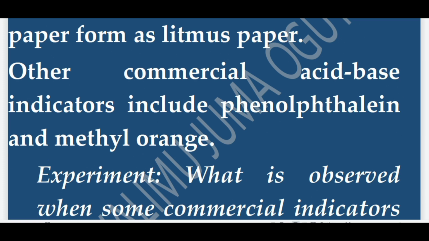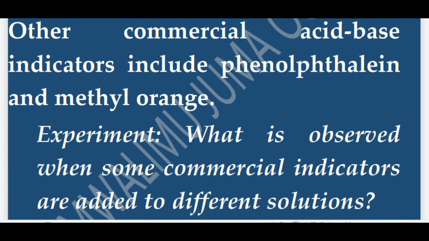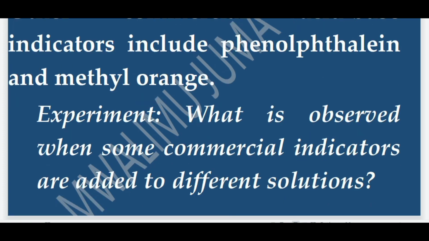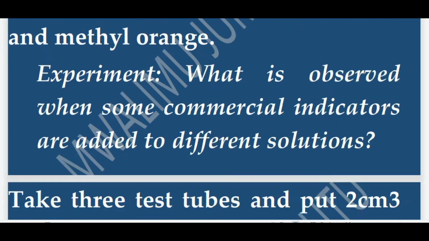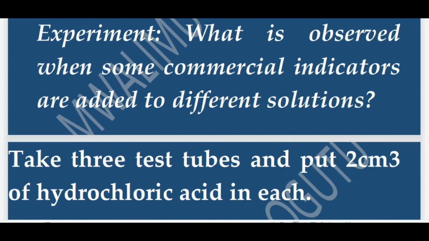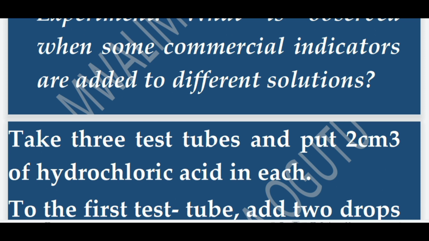So we carry out an experiment to see what is observed when commercial indicators are added to different solutions. We have seen the litmus solution, then we go ahead to carry out an experiment to see how the color changes for phenolphthalein indicator and methyl orange in different solutions. We take 3 test tubes and put 2 cubic centimeters of hydrochloric acid in each.